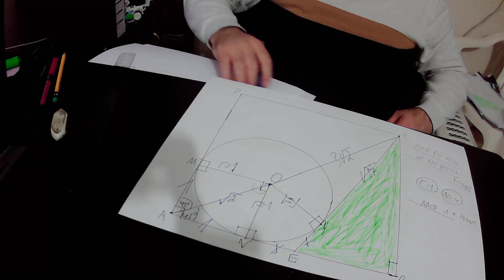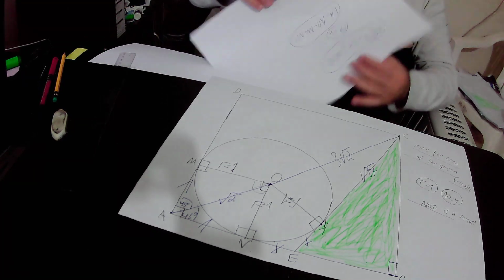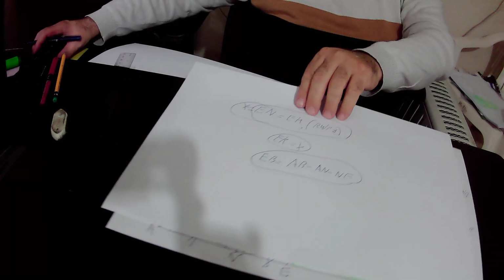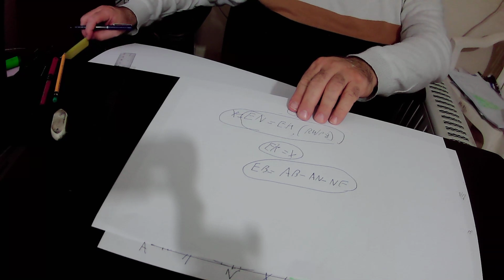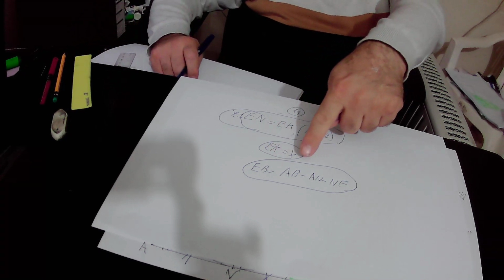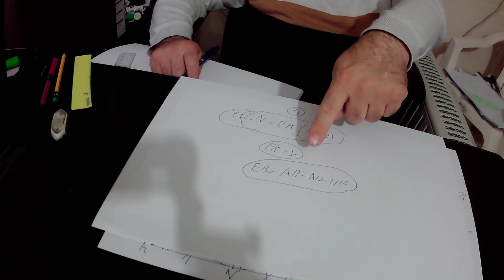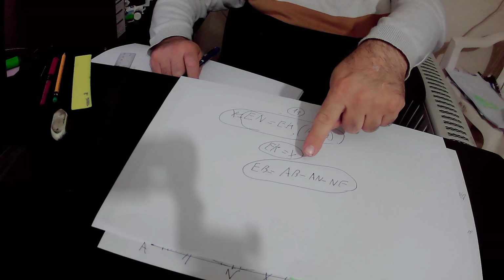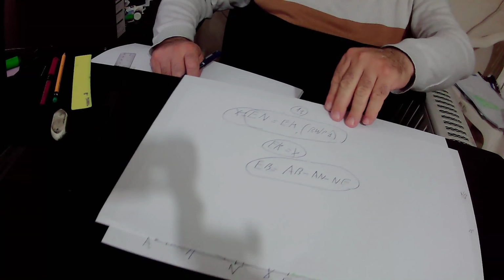I will repeat again. You can see from the drawing that line segment EB equals AB, the length of one side of square ABCD, minus AN minus NE.